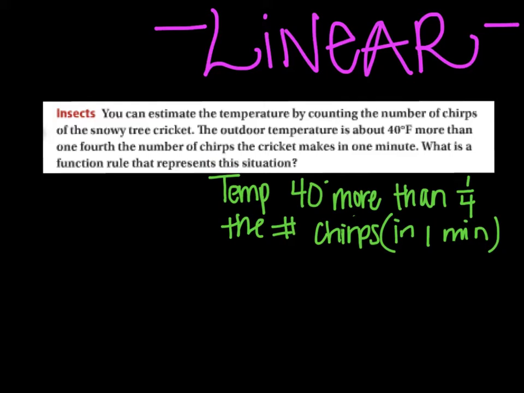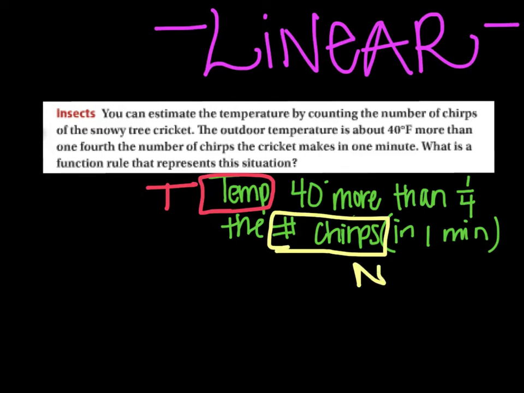So T is going to be temperature, and N is going to be the number of chirps.